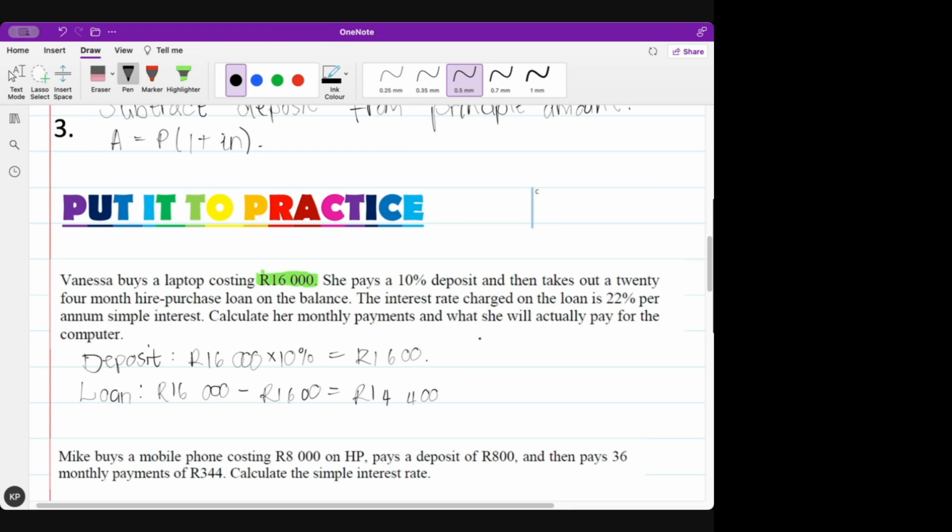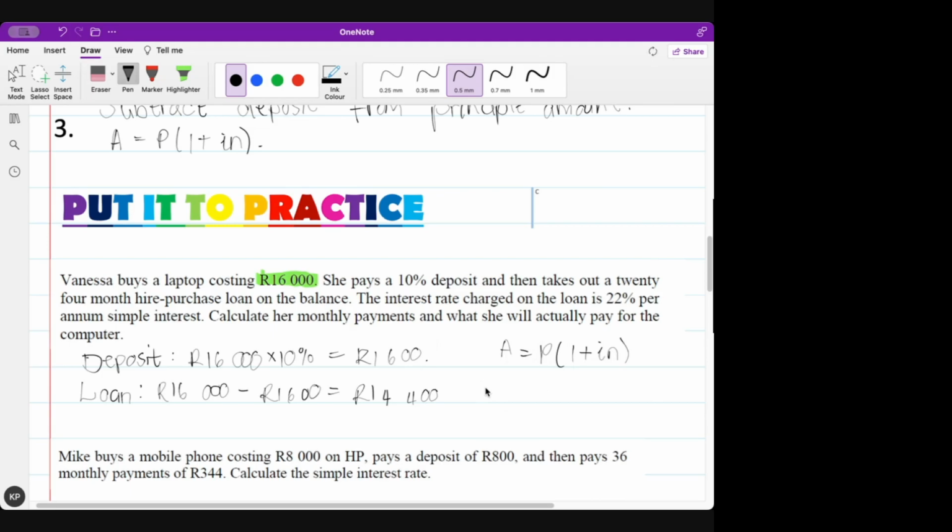Okay, so let's go. Our formula: accumulated amount is the principal times 1 plus i times n. Great. Our principal amount, which of these two is the principal amount?